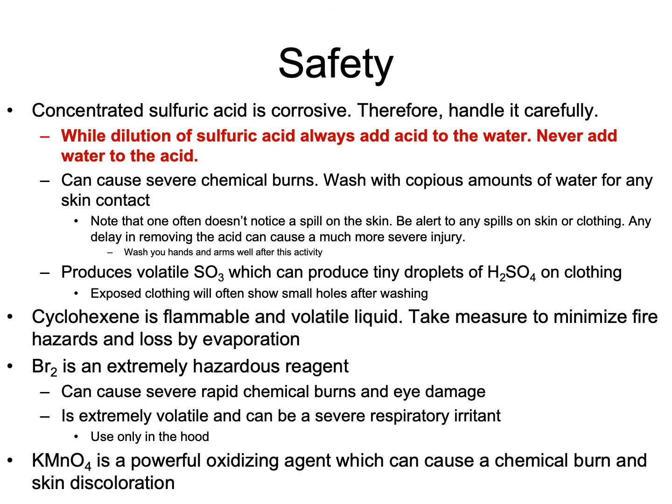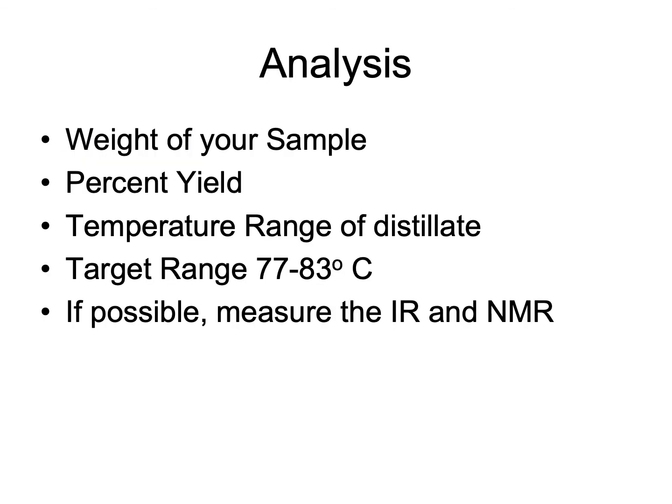You need to be cautious not to make any contact with those oxidizing materials. At the end of our work, we are going to measure the product, and we are going to test the product with IR and NMR, and we can also measure the efficiency of our work.